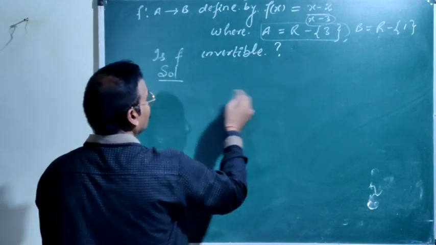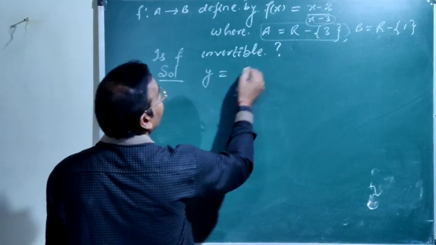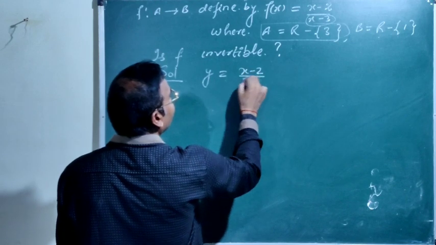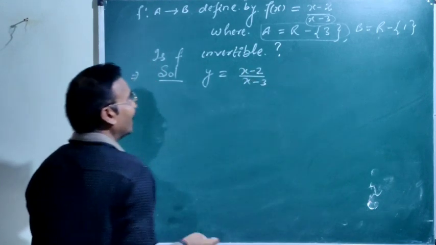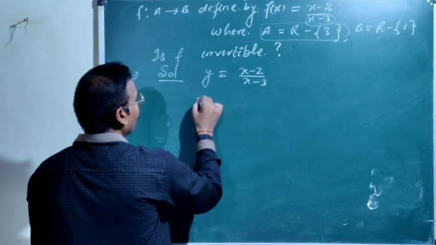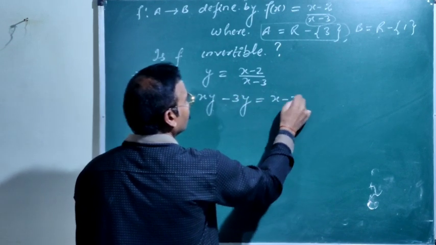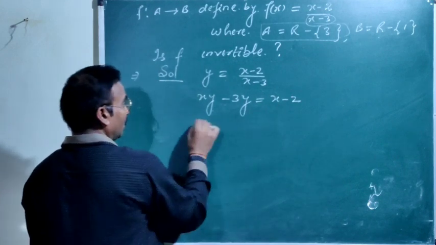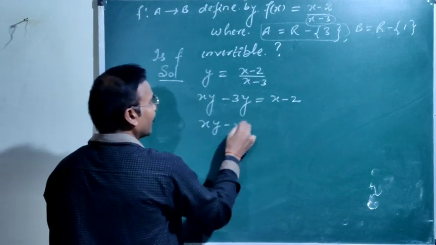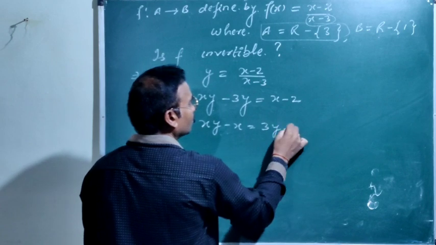I have told you, take y equal to x minus 2 by x minus 3. Now you have to find x. Cross multiply: xy minus 3y equals x minus 2. Now take x to one side: xy minus x equals 3y minus 2.